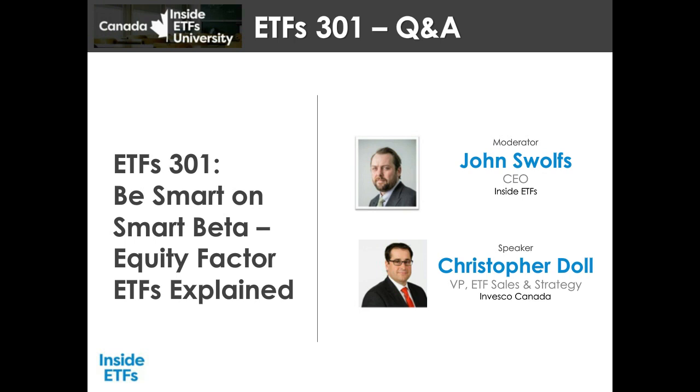You want a starting universe that is consistent with what you want to invest in, a selection criteria that is consistent with the investment objective you're trying to achieve, a weighting mechanism that also adds a layer of protection or risk mitigation, and finally, a rebalancing frequency that's not so frequent as to drive up trading costs and wipe away any added value of that smart beta strategy.